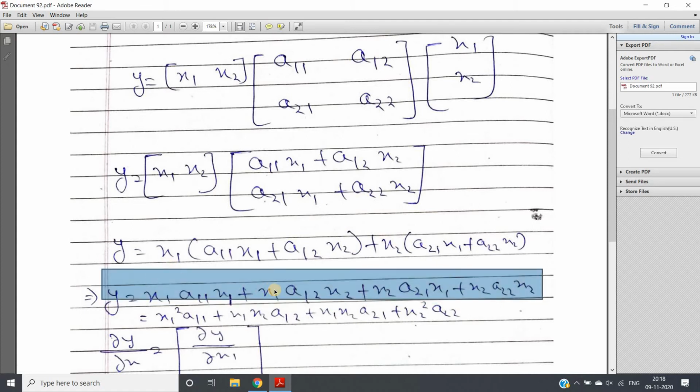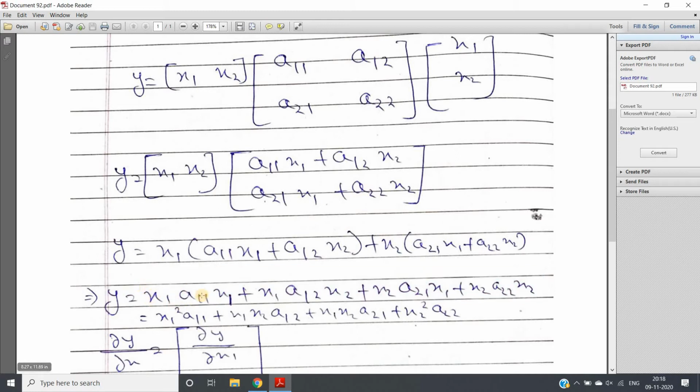I hope it is clear to you. Cool. Now see, x1 into A11 into x1 will become x1 square into A11. No need to think that these are not matrices, these are scalar values. You can see x1 and x2 are individual scalar values, so you can do this kind of operation. If they were matrices then you couldn't, but these are scalars.